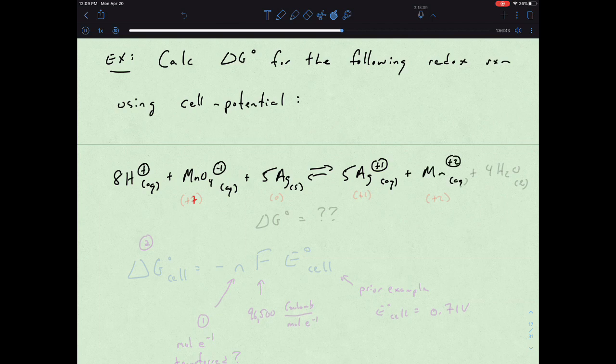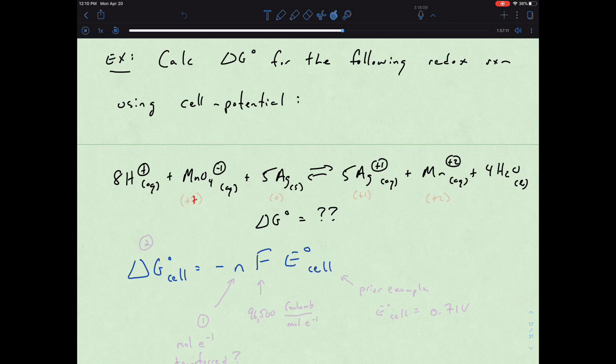So here was our reaction. And we want to know what delta G is actually equal to. So in terms of that method, we really have to figure out all of these components that we have.